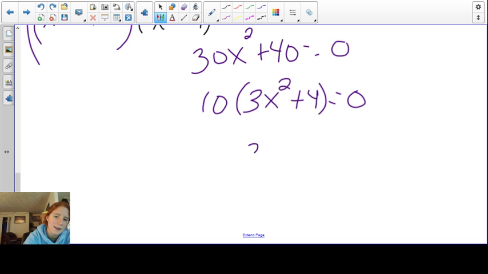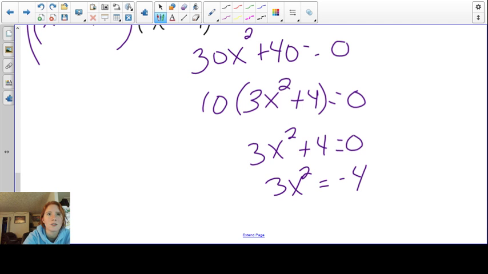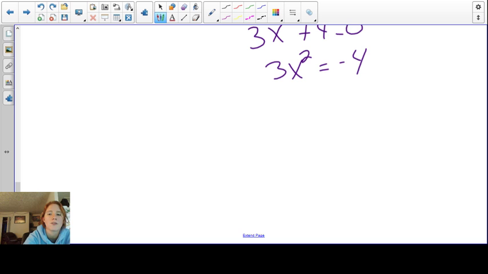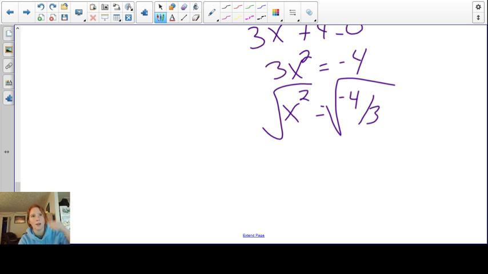Now when I try and set this guy equal to 0, and I move over that 4, I start getting into impossible solutions, because then I'd get the square root of a negative number, which is what we don't want to do.